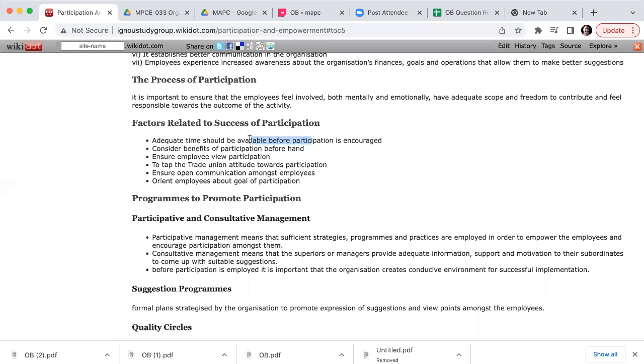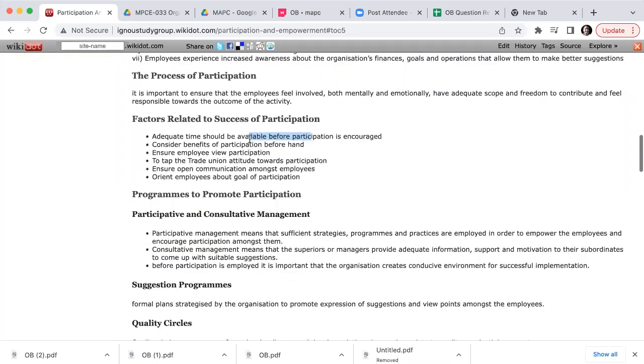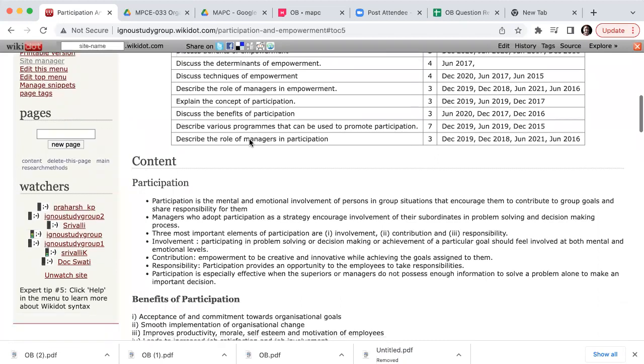And you are having open communication, and people are really aware of the goal, and you are preparing them towards that particular goal, whatever is achieved out of this participation. So these are some of the factors related to success.